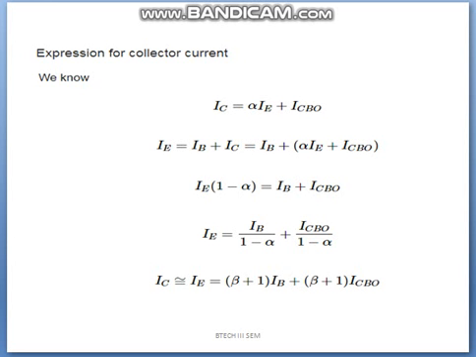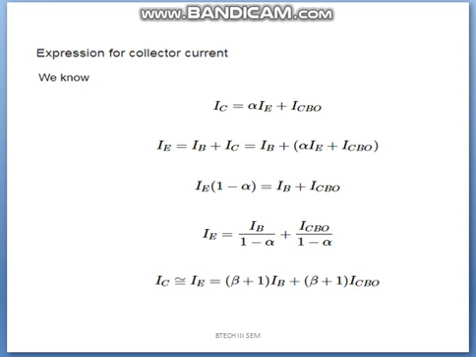Now we discuss the expression for collector current. In common base configuration, the total collector current is IC equals alpha IE plus ICBO, and IE equals IB plus IC. Here we find the IC value, that is IE minus IB, and put this value in place of IC. Here we get IE equals IB plus alpha IE plus ICBO.